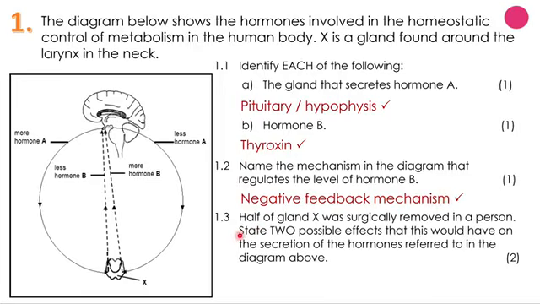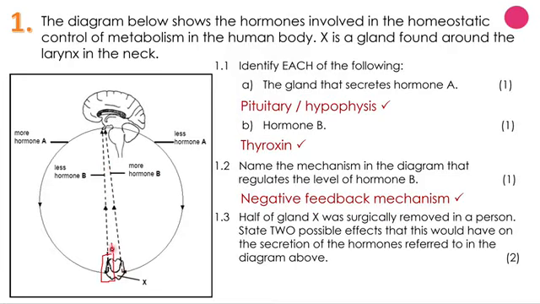Next question is quite an interesting one. Let's say half of gland X was removed. What would two possible effects be that this removal will have on the secretion of the hormones? So how will this removal influence hormone A and hormone B? So first of all, if X were to be removed, right, so there we cut down X, that part is now removed, there will obviously be less of B. If there's less of the gland, there'll be less of hormone B being released.